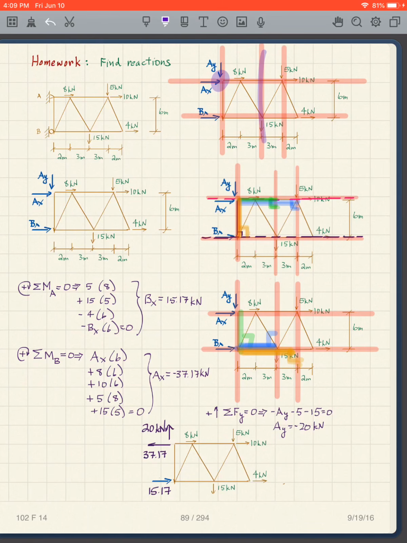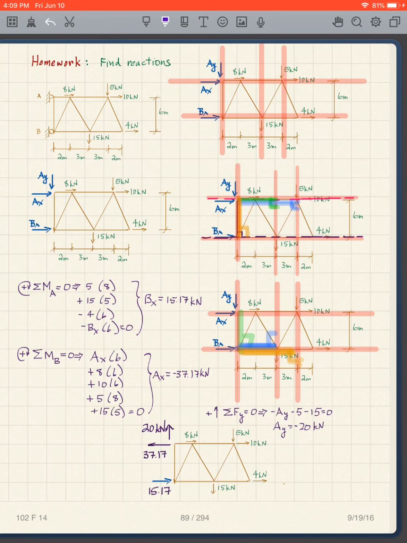And this 4 and the BX, they're both going to be negative because they send things around counterclockwise. So that's all reflected here. And I solve for BX, I get 15.17.